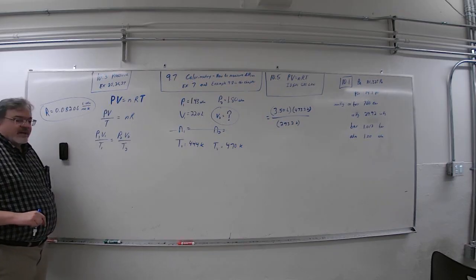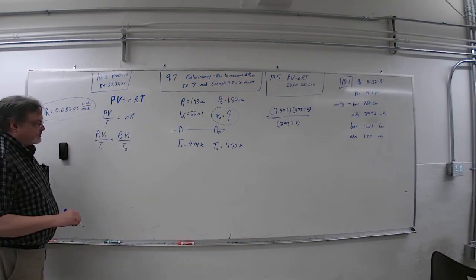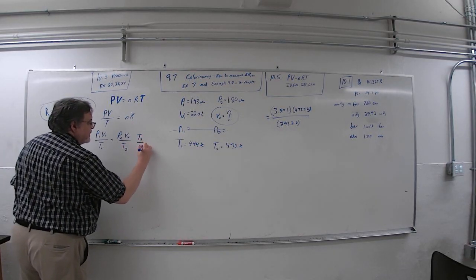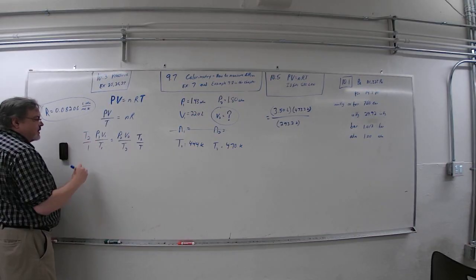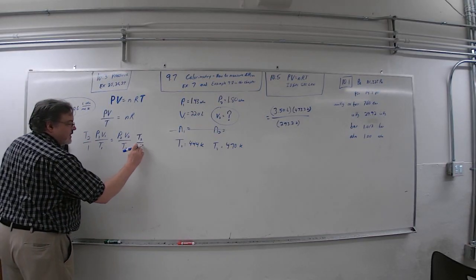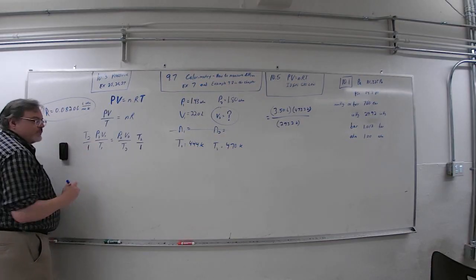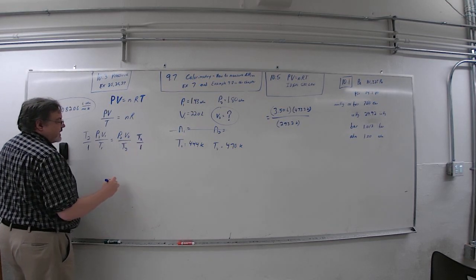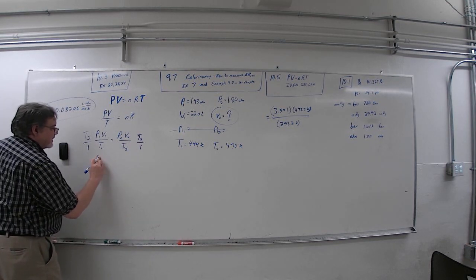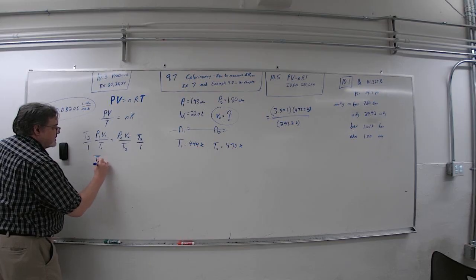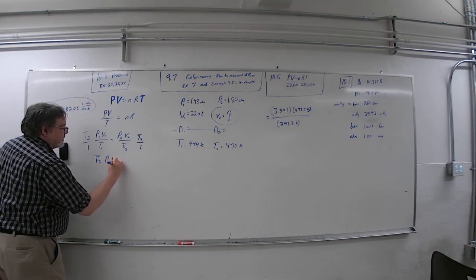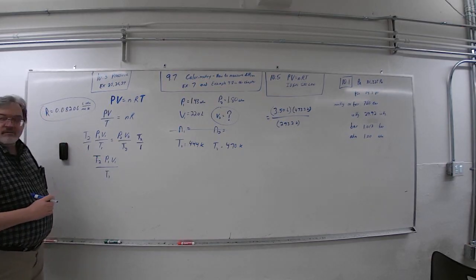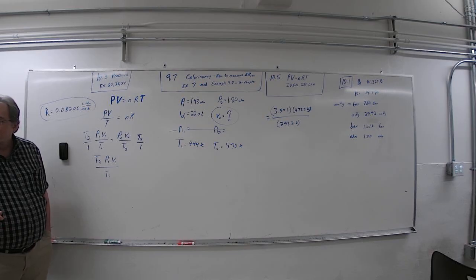If I multiply both sides by T2, that gets rid of this. Multiply both sides by T2 over 1. You see that? Multiply both sides by T2, that goes away, and we have T2 times P1 times V1 over T1. See what I mean? Does that make sense?